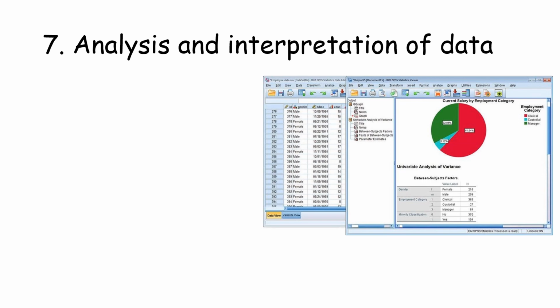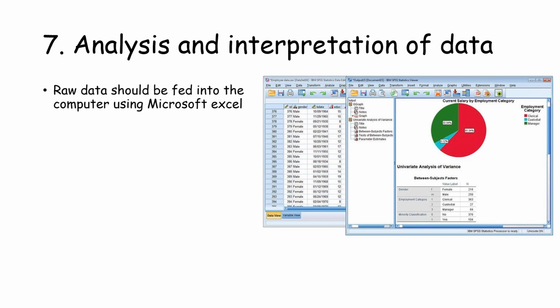Once the data is collected from the relevant sources, the next step is analysis and interpretation of data. The data collected should be first fed into the computer using Microsoft Excel for processing the data. The first stage in data processing is editing, wherein the data is carefully examined to identify any errors or omissions.